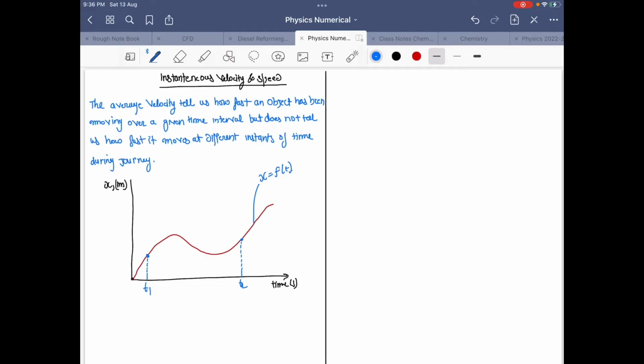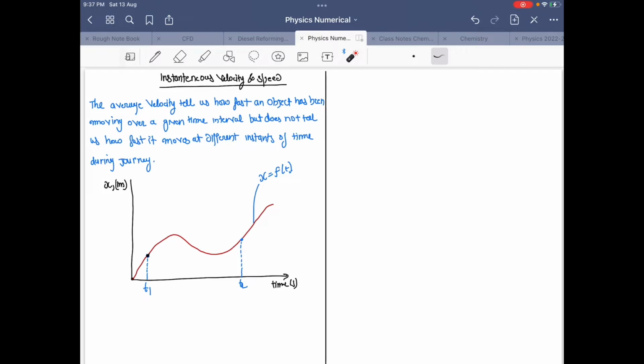We were looking at how much distance the body has covered when it is moving from this point to this point. In the case of average speed, this distance divided by this time interval gives the average speed.